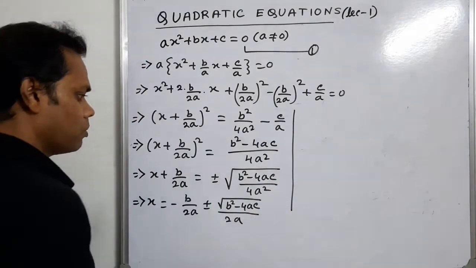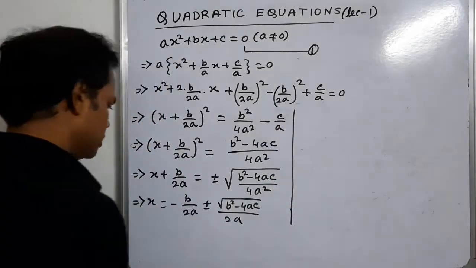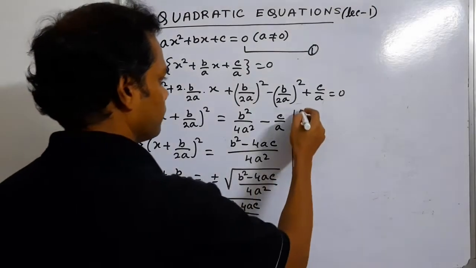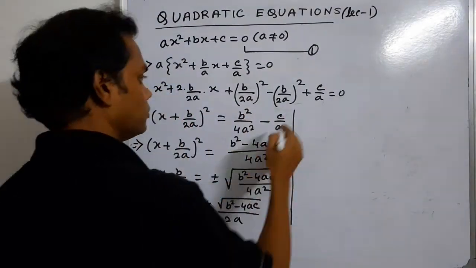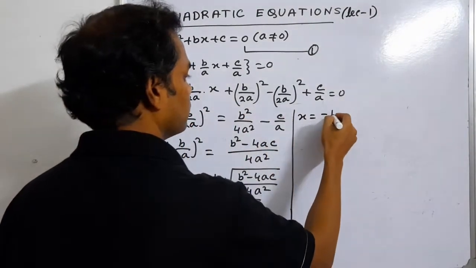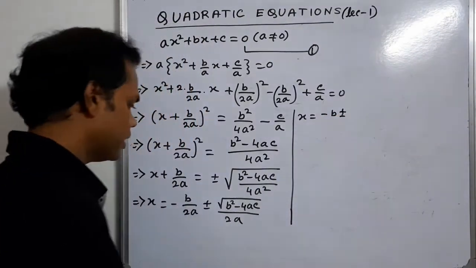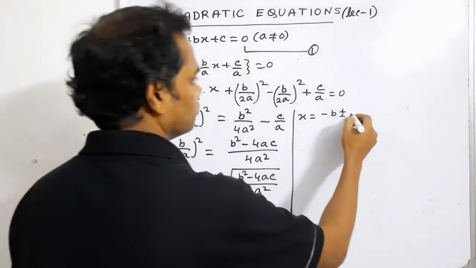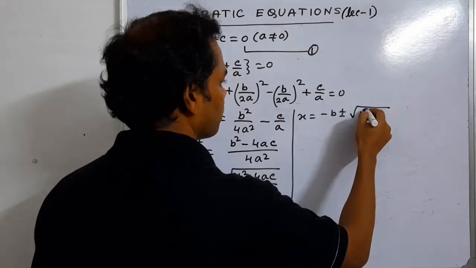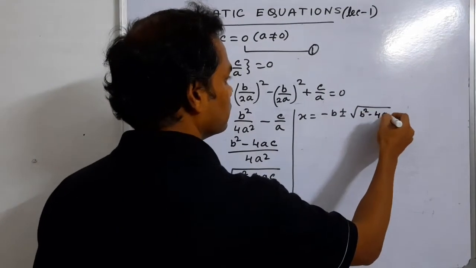This is the Sridharacharya formula, named after the famous mathematician Sridharacharya, who invented zero and the point. He is the pride of India.